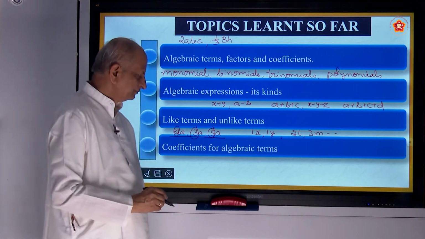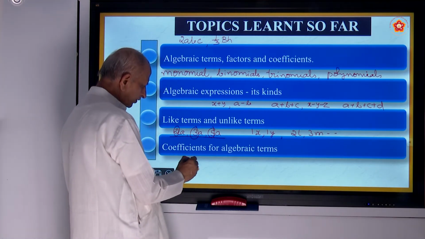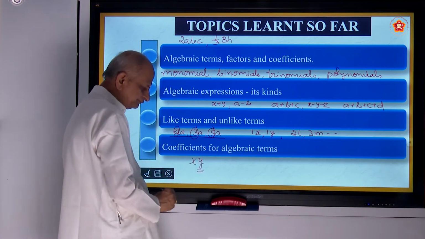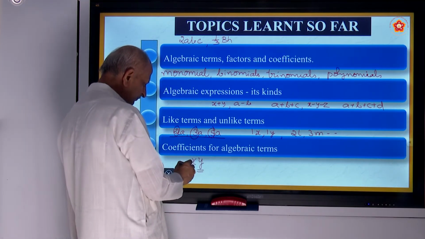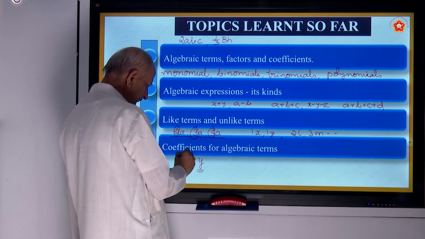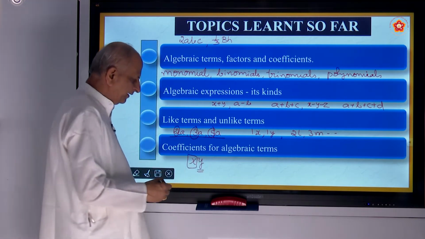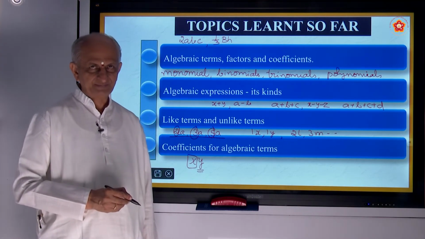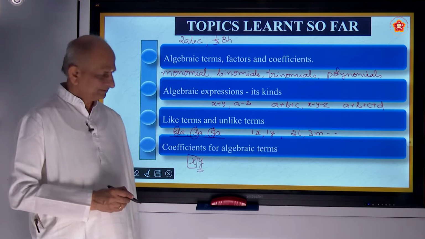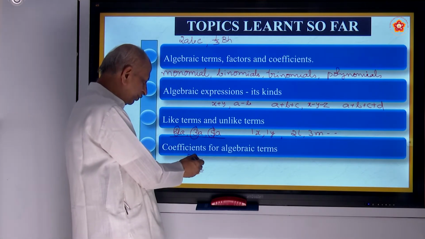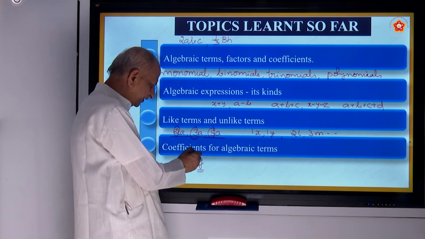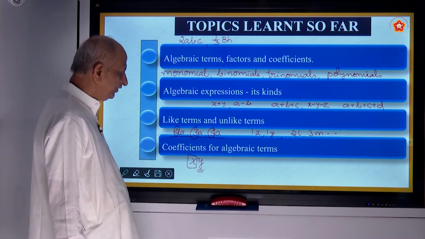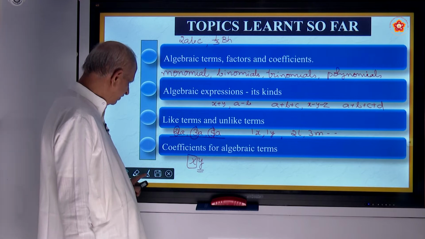If it is not a number, for example, if you say coefficient of x, we say the coefficient of x is y. Coefficient of y is x. So the term or the number which is multiplied to a given term is called a coefficient. Are you following? Coefficient of y is x, coefficient of x is y. Okay, these are the things we have already seen. Shall we go on to the home assignment?